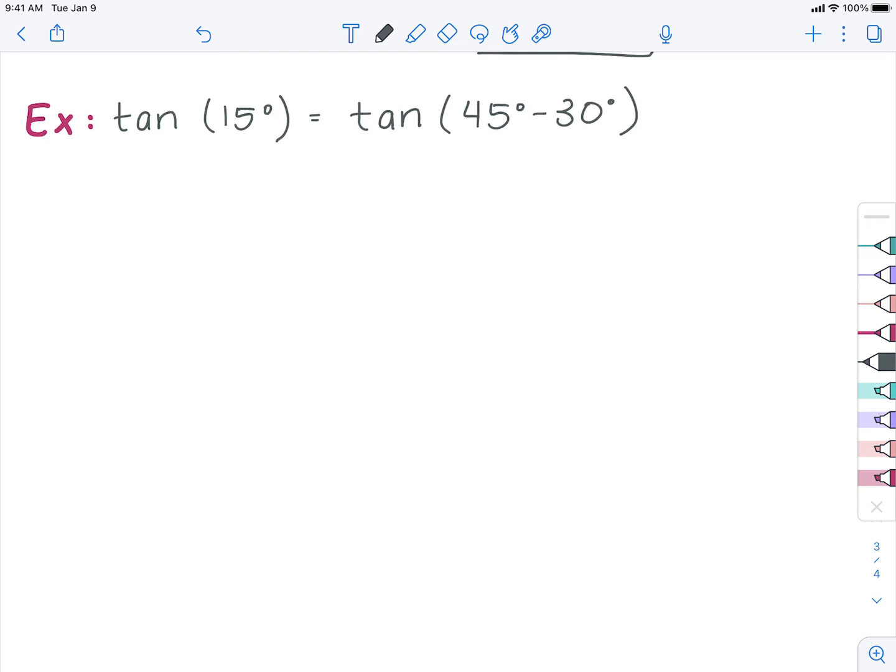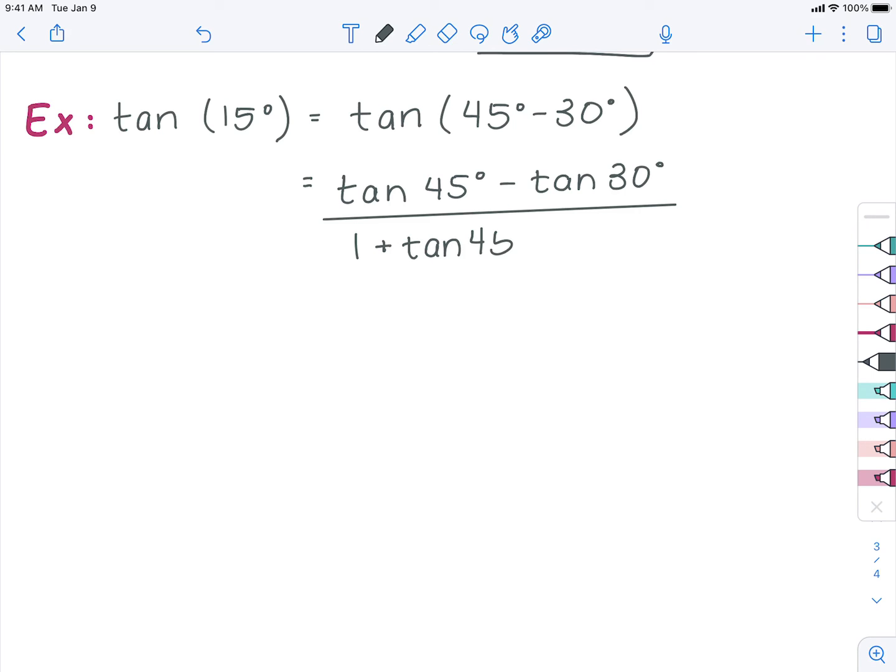So then I'm going to rewrite this using my identity. My identity says on top to take tangent of 45 degrees, keep the same sign, and then take tangent of 30 degrees. On the bottom, I have 1 with the opposite sign plus tangent of 45 degrees times tangent of 30 degrees.